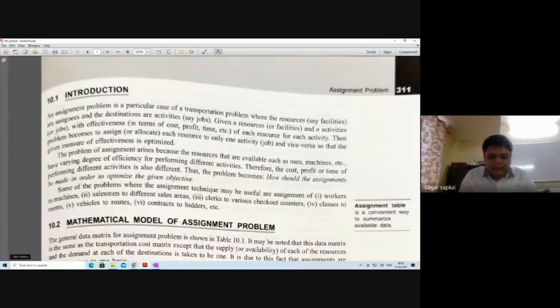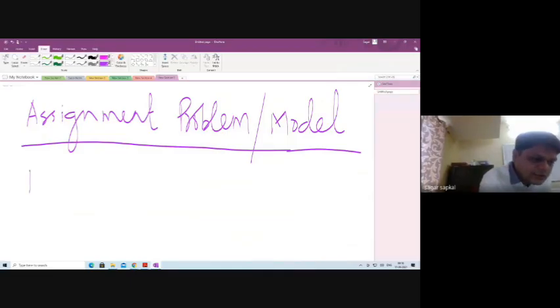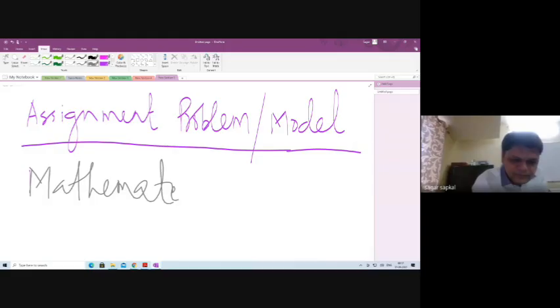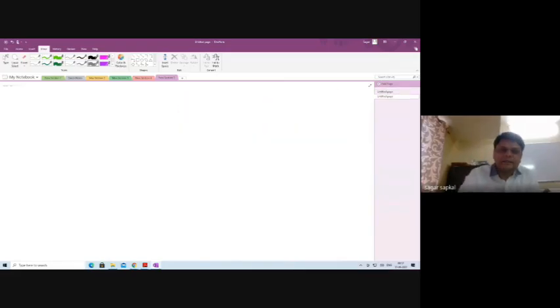So there is a mathematical model of this assignment model or problem that is required to be understood. How it is represented mathematically is required to be understood, and based on that you can understand the problem very well.